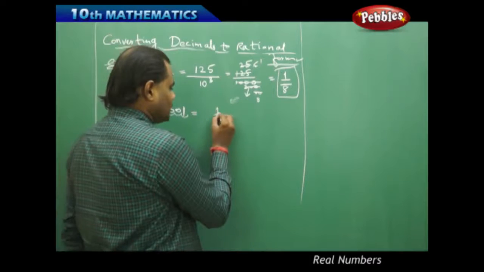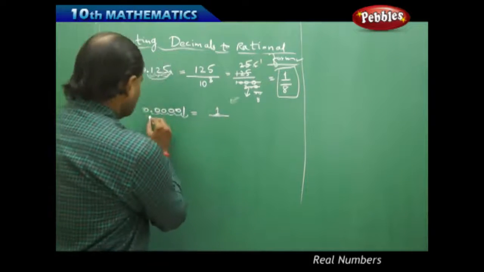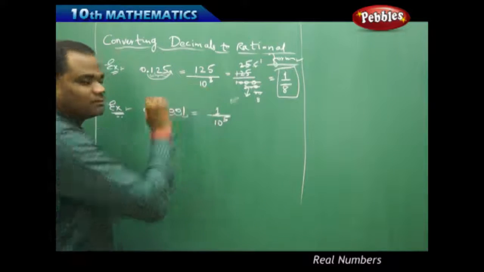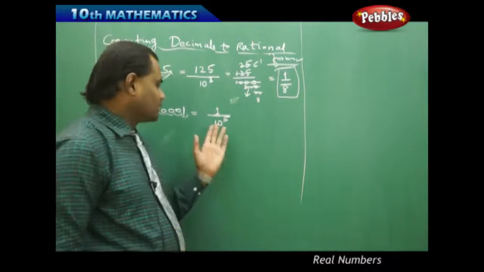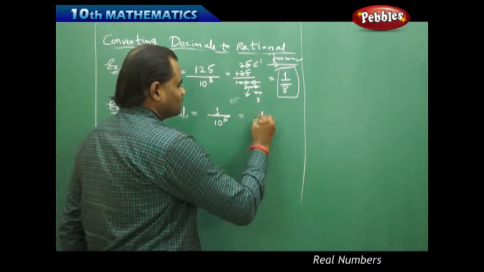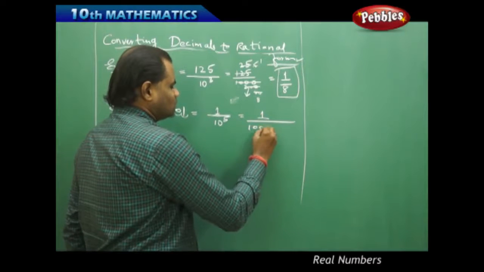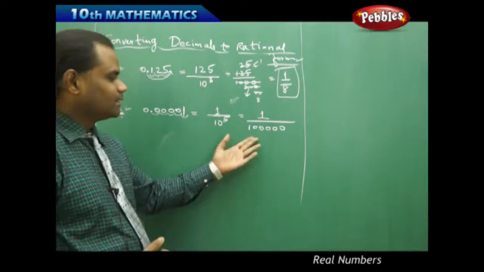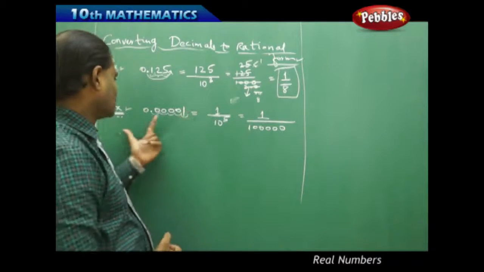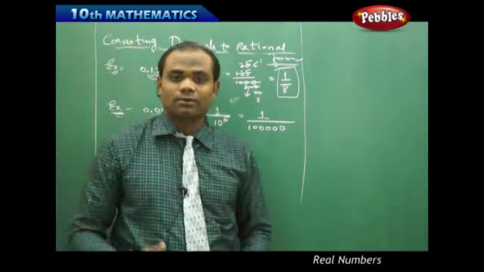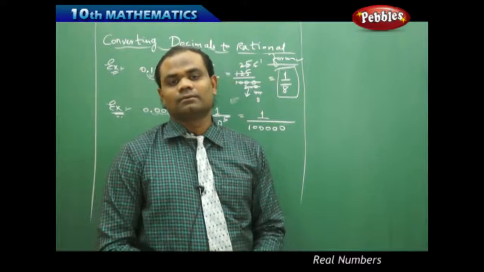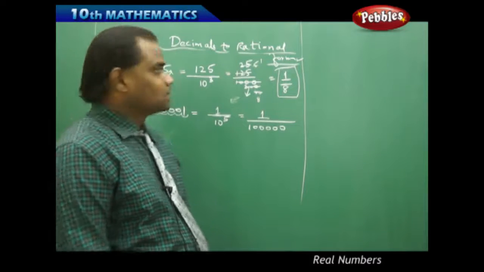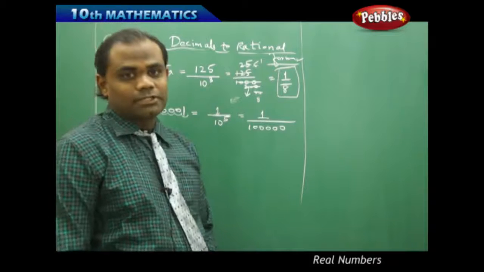So when I have this 1, because I move 5 steps to the right, I simply raise 10 to the power 5. And then I get this to be 1 over 1, 2, 3, 4, 5 zeros, which is 1 lakh. 1 over 1 lakh is the rational value for the given decimal 0.00001.